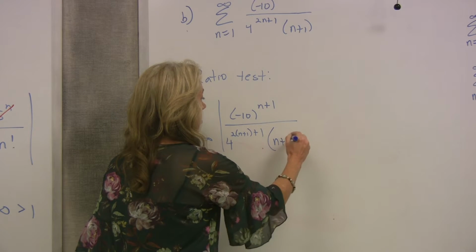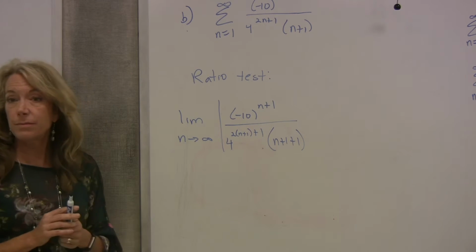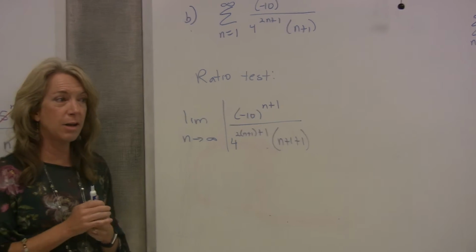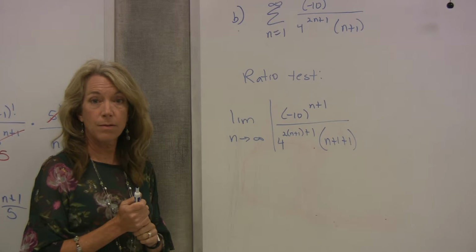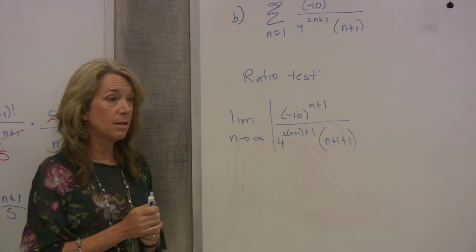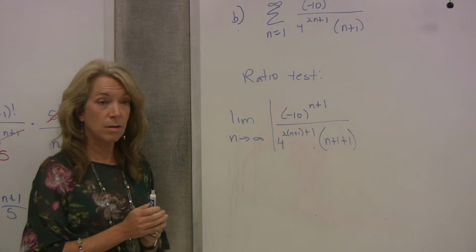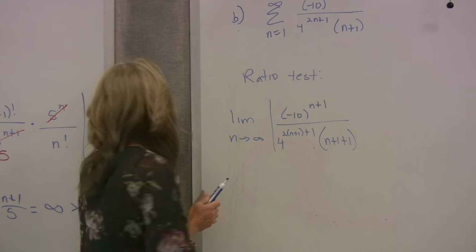Times n plus 1 plus 1. A lot of n plus 1's going on there. You guys are all feverishly copying. Everyone okay where all the n plus 1's went? So that's just this part.